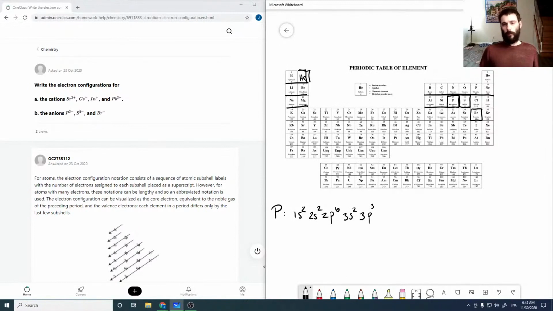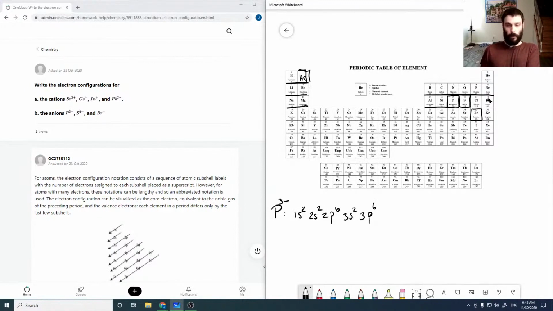Now to get the 3 minus, we need to add 3 electrons, not take away 3 electrons. So instead of 3, we now have 6. So it actually has the same, my periodic table has an H for argon, the same configuration as argon.